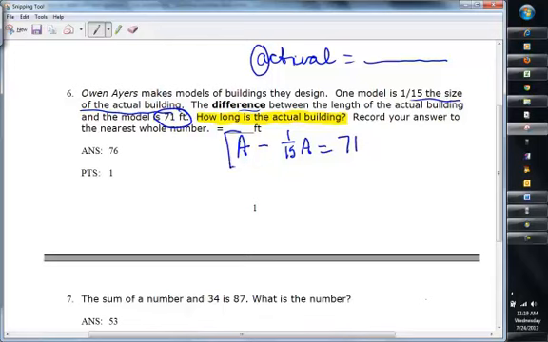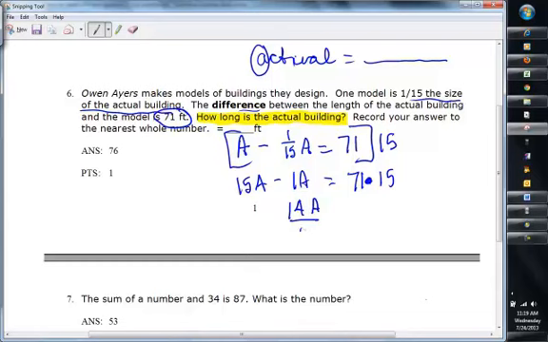Remember that when you see a fraction, you multiply by the denominator to get rid of the fraction. So we have 15 actual minus 1 actual is 71 times 15. 15 actual minus 1 actual is 14 actual. So divide both sides by 14, and that'll be what the actual is.